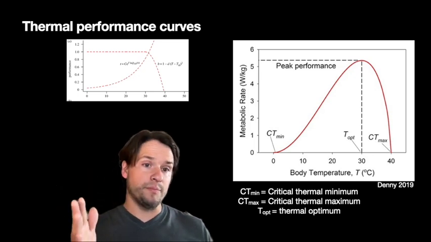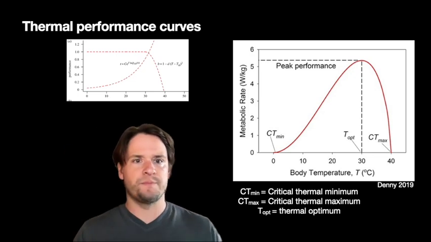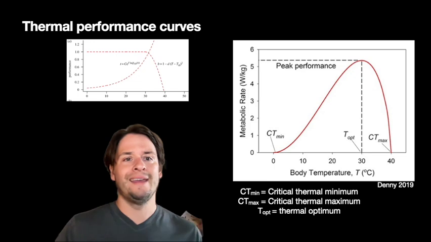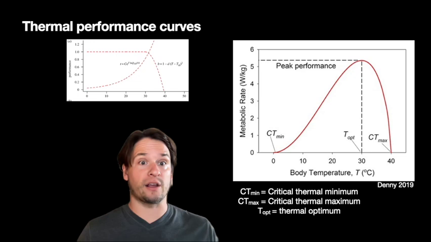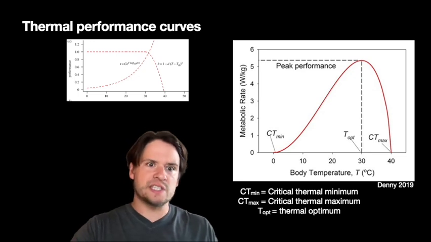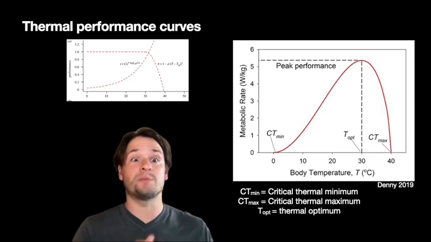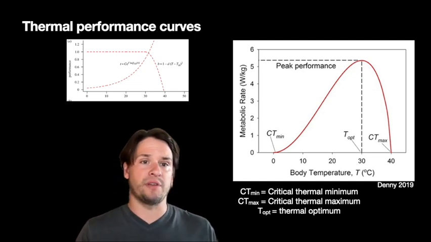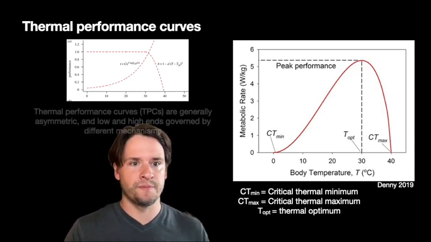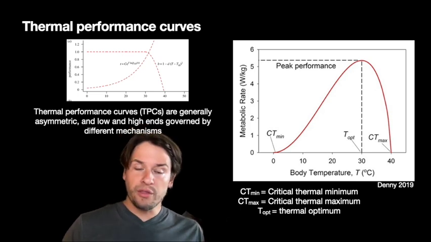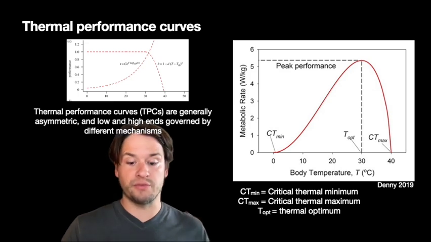And the point where performance starts decreasing, as you'll see on this declining curve up above me, is often the denaturing of proteins and sort of dramatic loss of function. So a steady increase of performance or enzyme activity with temperature, but then a steep decline driving the hot end decline in performance when you're losing protein function. So generally, thermal performance curves are asymmetric, and the low and high ends are governed by different mechanisms.